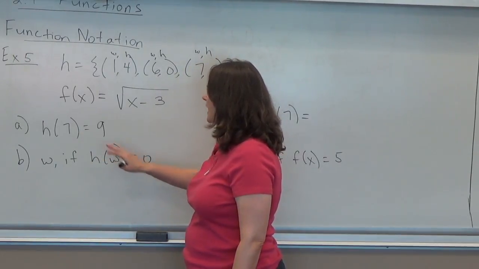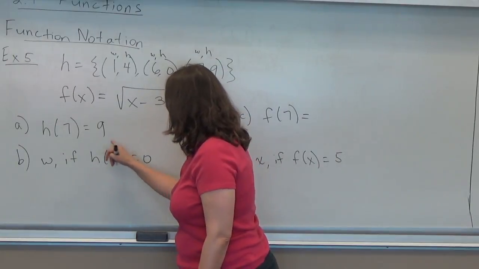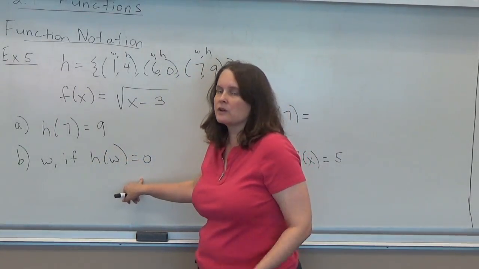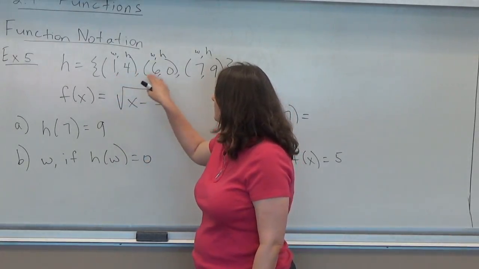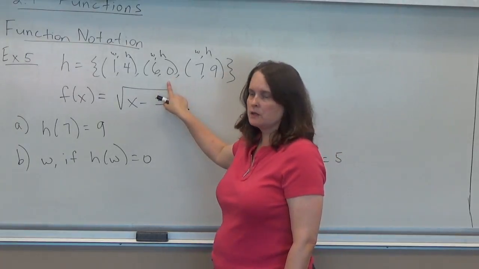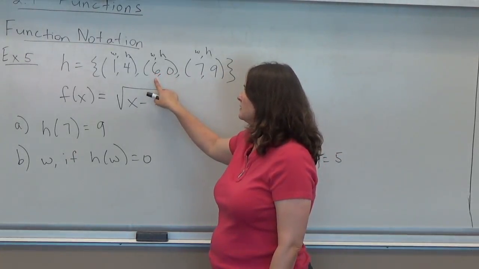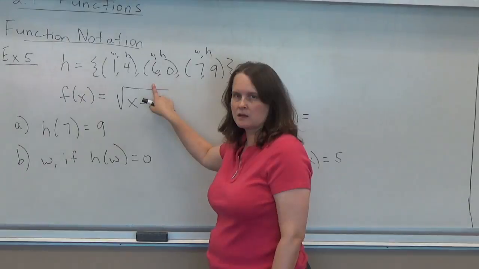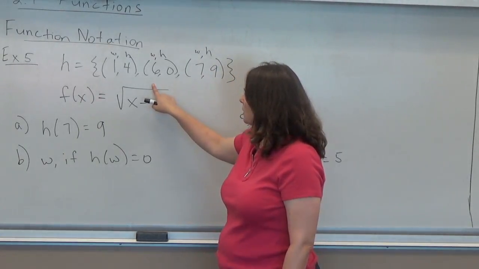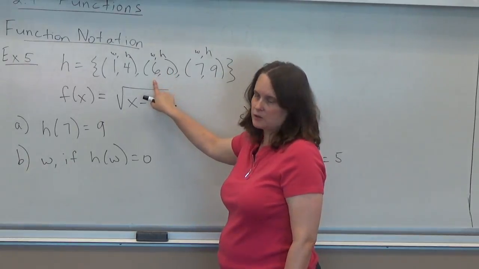If h of w equals 0, that means y equals 0, or you'll think of that as your second coordinate. So find the ordered pair where the second coordinate equals 0, and that would be this one. We're asked to give the w, which is the first coordinate in that situation, so that would be like your x. Because your y value is 0, your x value is 6.